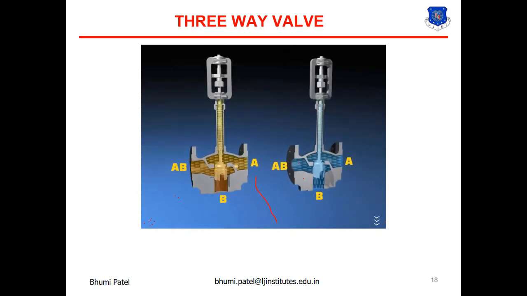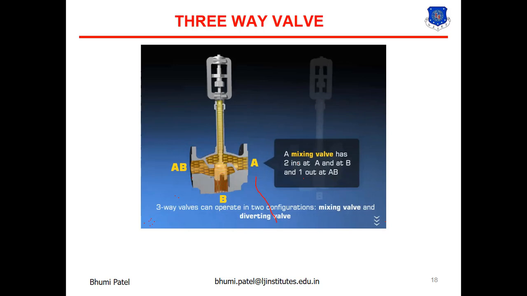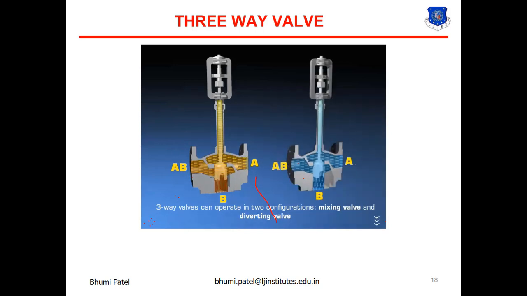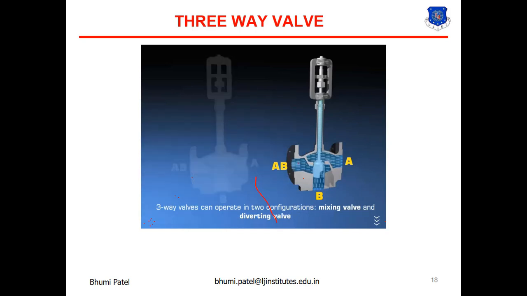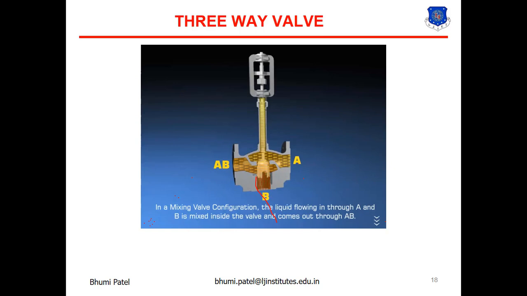Now the three-way valve is used as a mixing valve and a diverting valve. The first diagram is for the mixing device. Here A and B are the inputs and port AB is the output. For the diverting valve, you can see that it has one input at AB and two outputs, port A and port B. So we can use the three-way valve for multiple purposes.